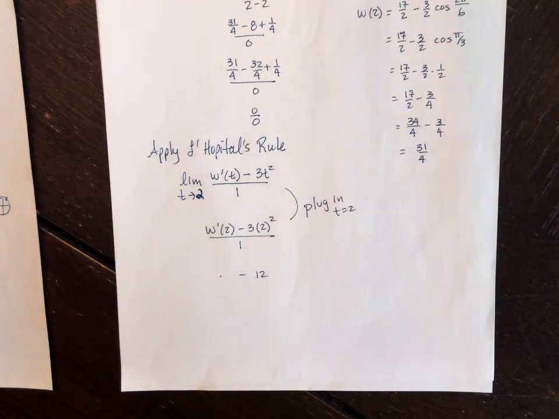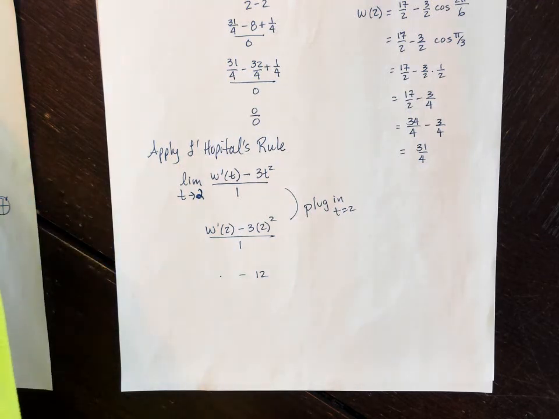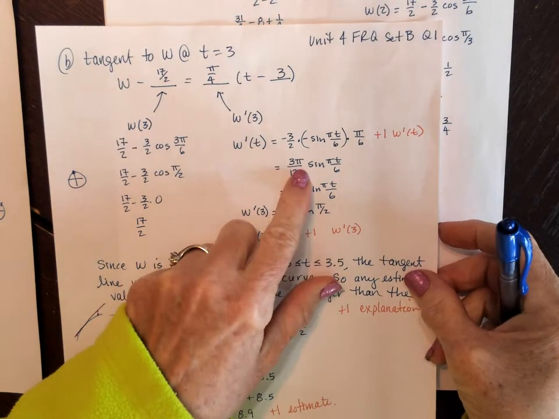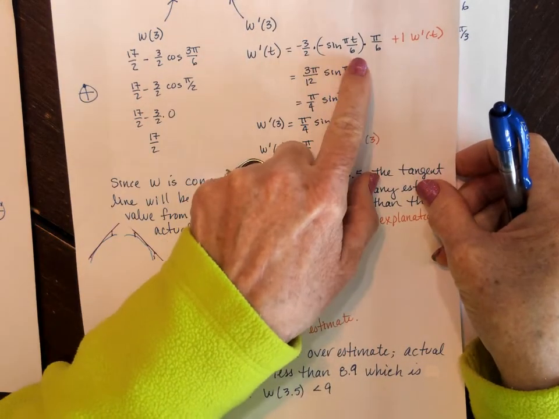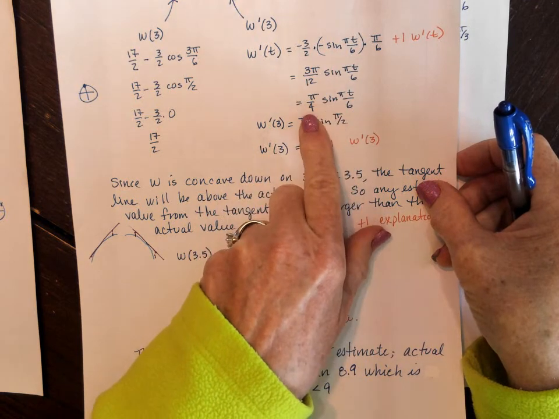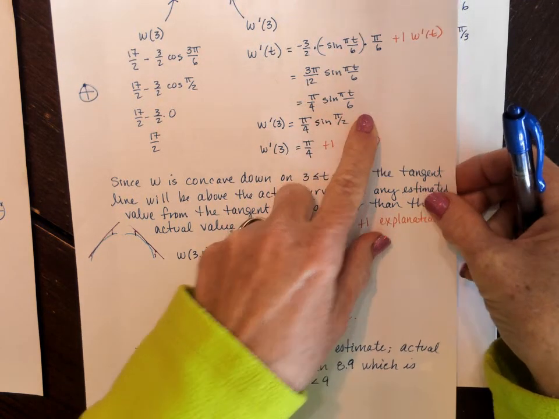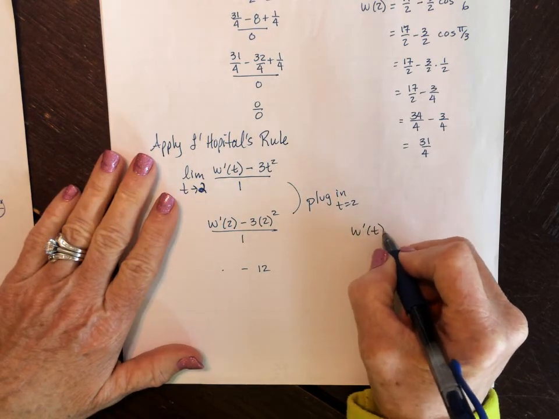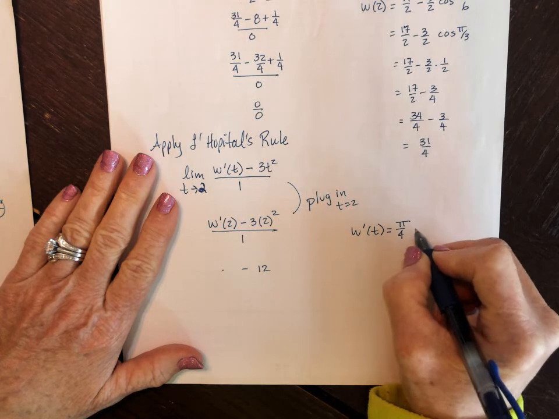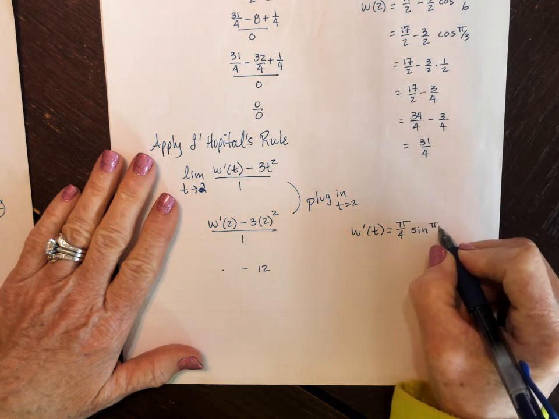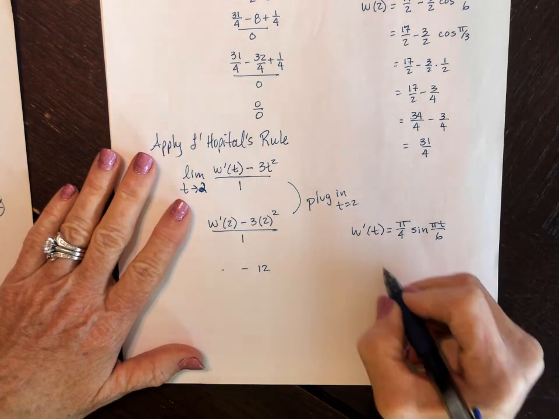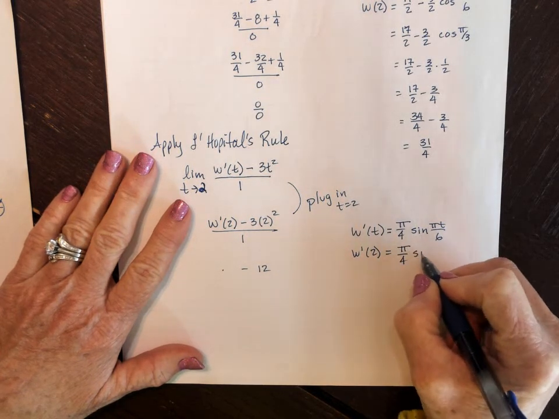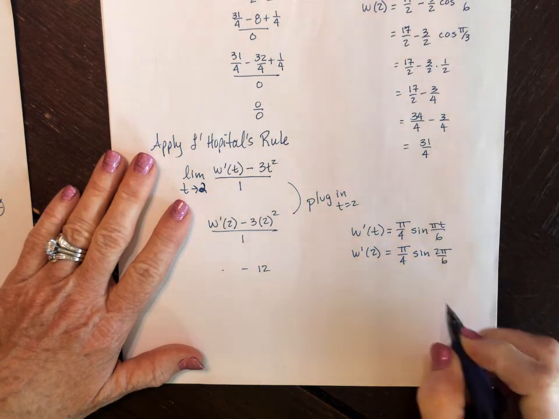W prime of 2. Here it is. Here's the w prime. It was on part B. It's the w prime of the top piece. So it's right there, pi over 4 sine pi t over 6. W prime of t was pi over 4 sine pi t over 6. W prime of 2, pi over 4 sine 2 pi over 6.